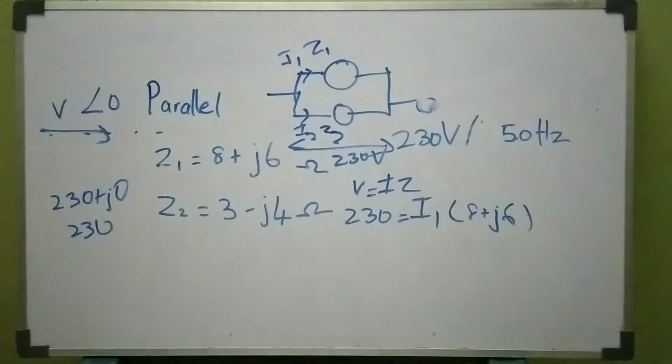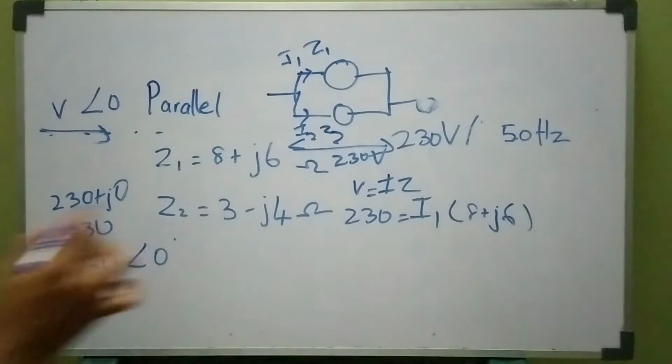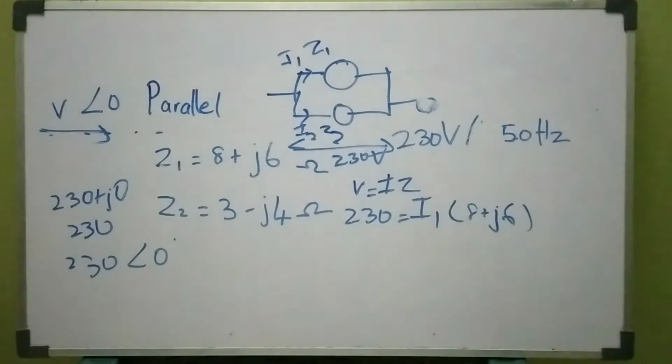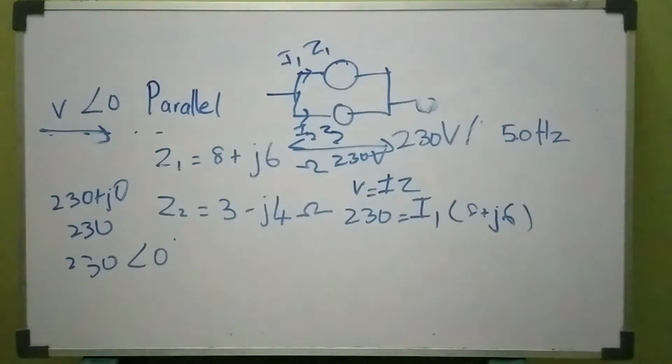If we consider the polar form, we will get 230 at this angle. However, in my view, it would be easier to convert to polar form and solve. But when using the calculator, it won't be a big issue if we use complex numbers too.